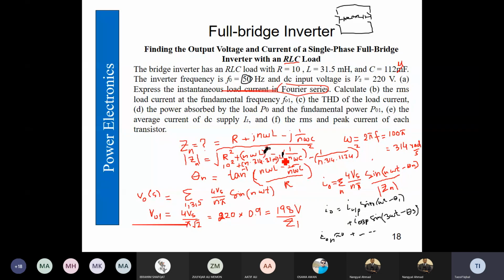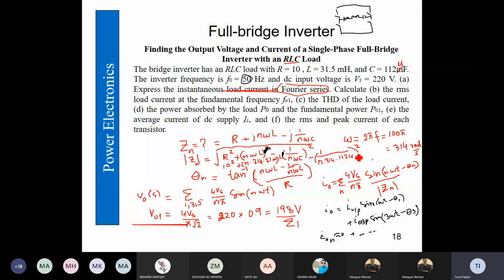We will be taking square of this and then subtracting 1 over n omega C, where n is the harmonic number, omega is 314, and C is 112 microfarad.